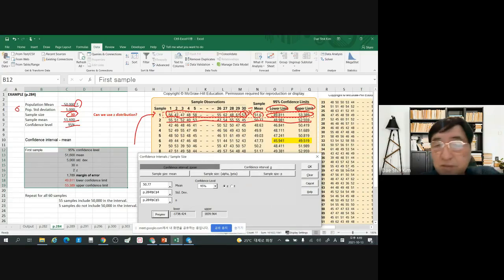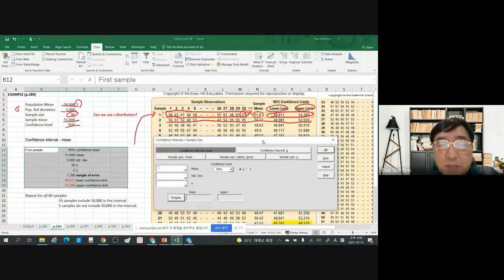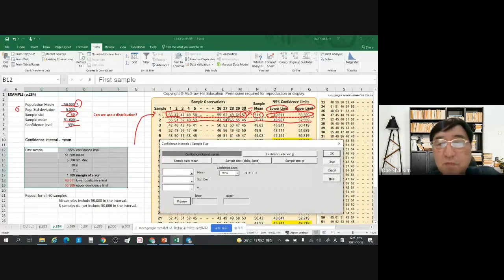I will do it again because it's not 51. This is 50,770. It's not 50.7. 50,770. Okay. Standard deviation.